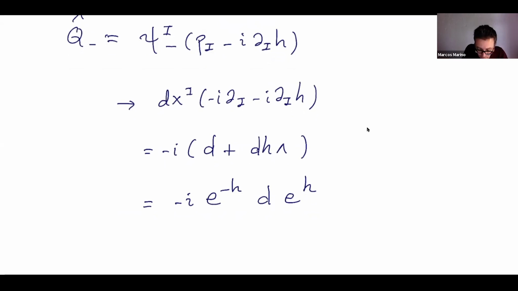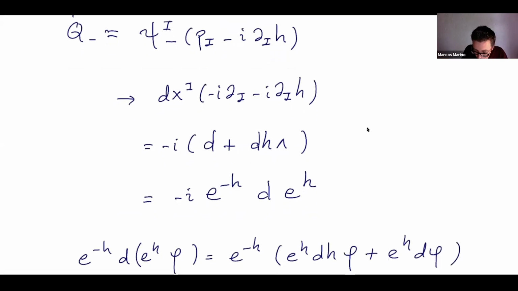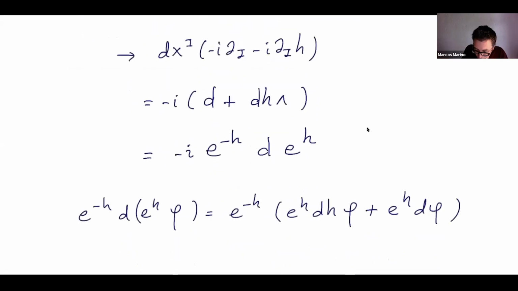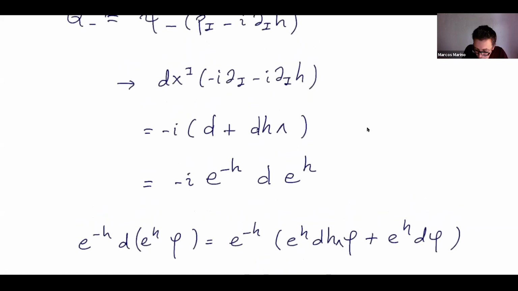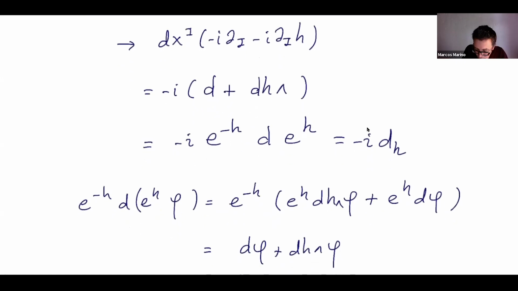If you act with this on a form phi, you get e^{-H} d of e^{H} phi, which gives e^{H} dH phi plus e^{H} d phi. The exponentials disappear and I get precisely d phi plus dH times phi. So this is exactly what I'm writing here. Sometimes I will call this d_H. So it's a deformation of the standard exterior differential.